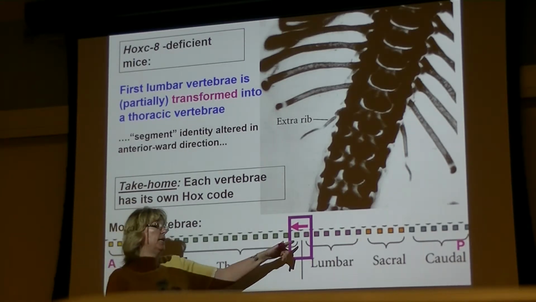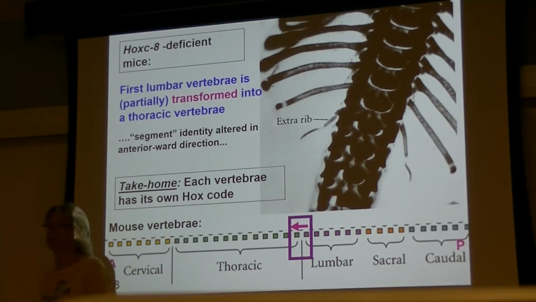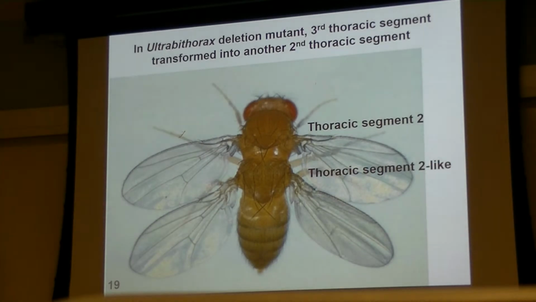So when this identity was changed, and you'll see this theme too if you start looking at many of the Hox gene mutants, the new character that is taken on is usually a little bit more anterior in nature. So they tend to have a phenotype that reflects structures that are closer to the head, as opposed to going the other way of developing more posterior-like structures. Interestingly, that was the same theme we saw for flies as well.